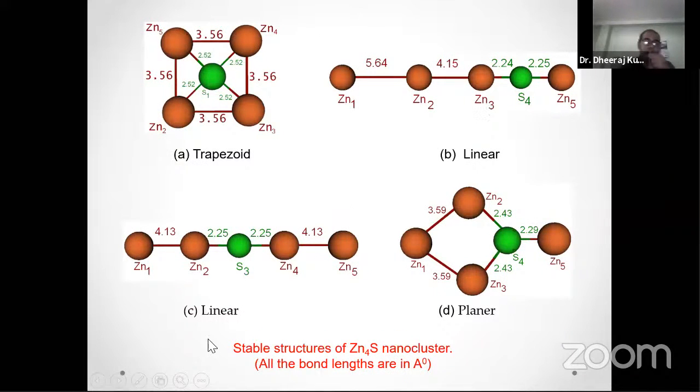This would probably be the last slide of the structures which I have modeled in total, and it is containing 5 atoms in which 4 Zn atoms and 1 sulfur atom.